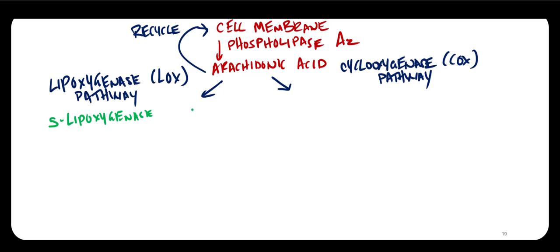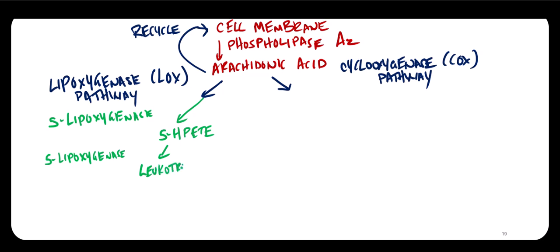So we'll just abbreviate it. Make my arrow a little bit longer. Then 5-lipoxygenase is going to act again and give us leukotriene A4.